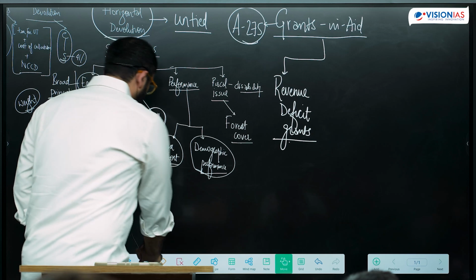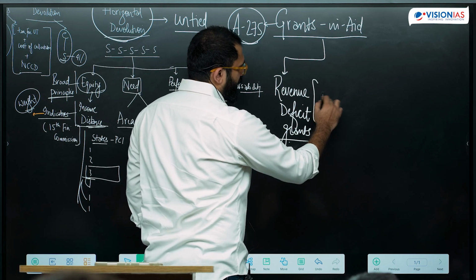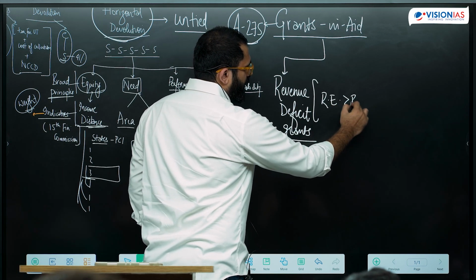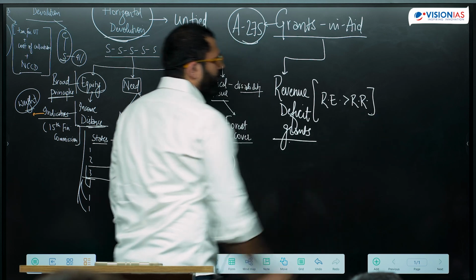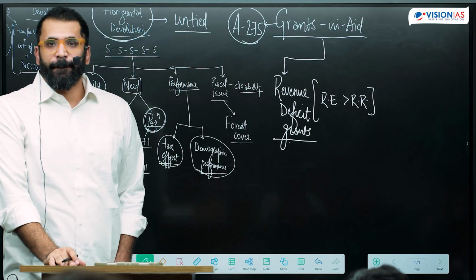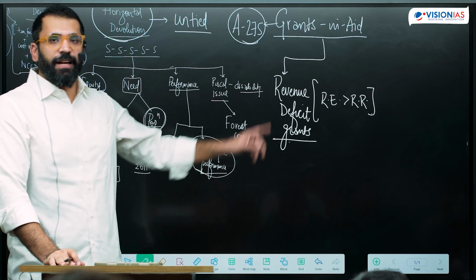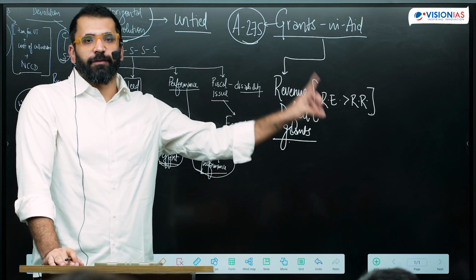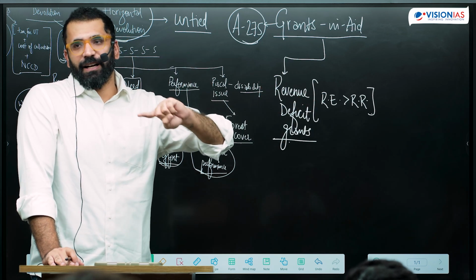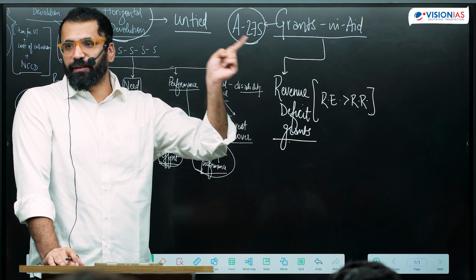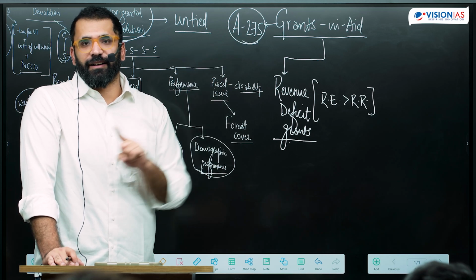What's the difference between revenue and capital heads? Revenue expenditure being more than revenue receipts means the daily expenditure of the government is more than the receipts which they collect, that is in the form of tax and non-tax revenue.